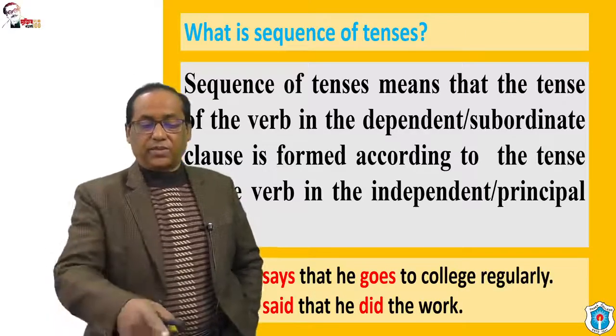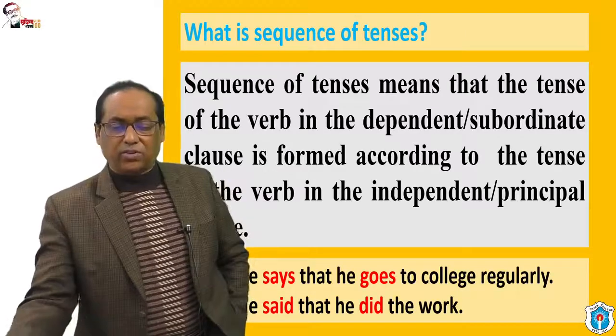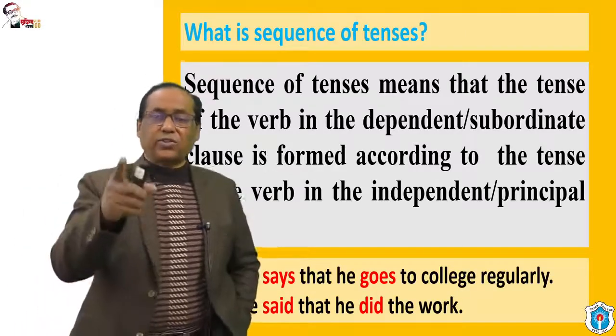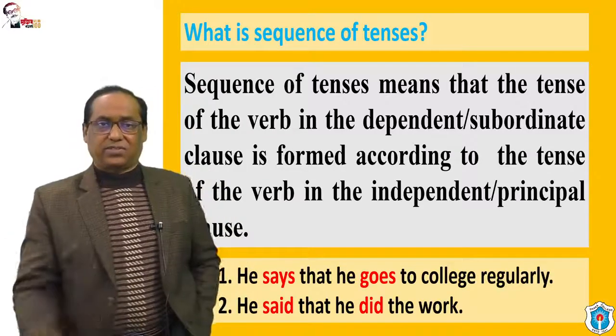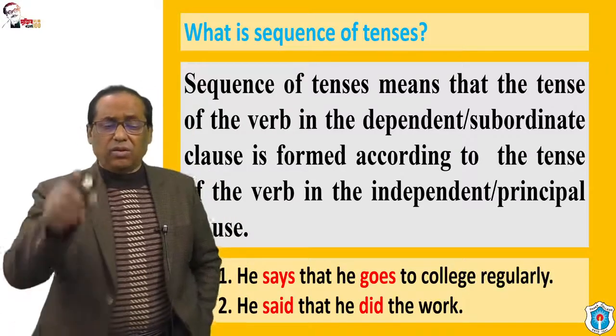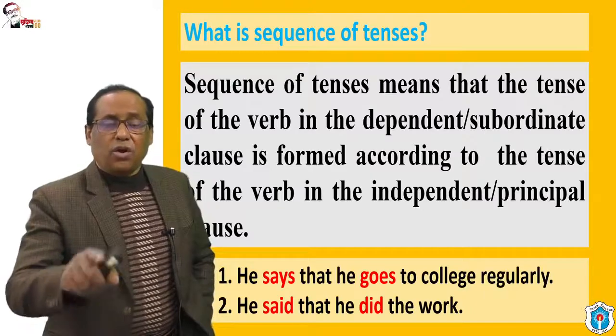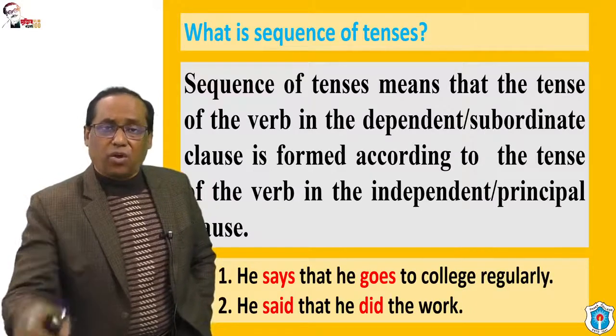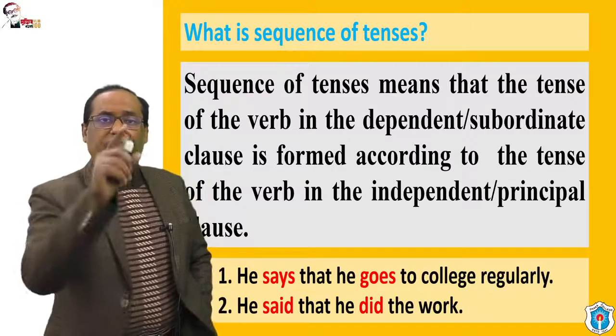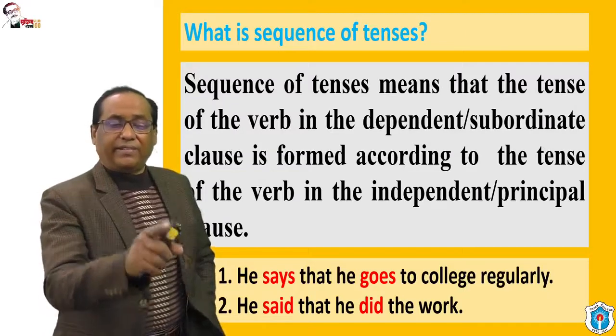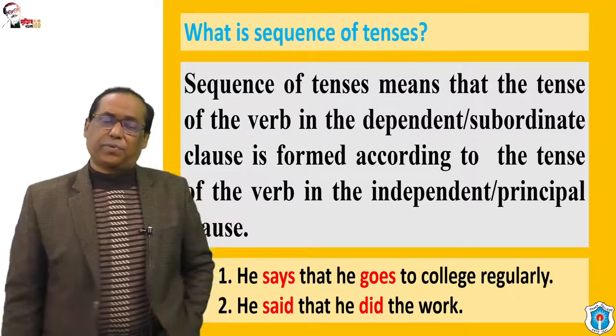So see the verb in the subordinate clause, goes, it is also present tense. So the verb goes of the subordinate clause follows the verb and tense of the principal clause.